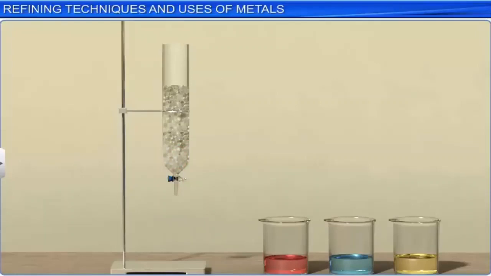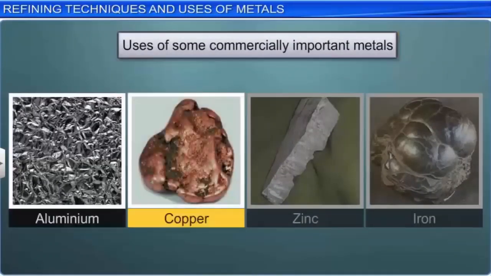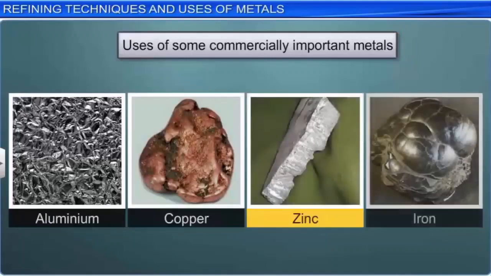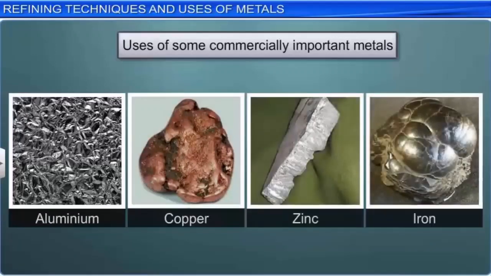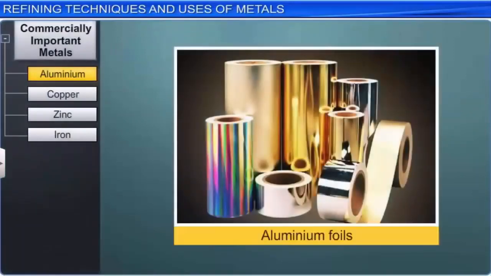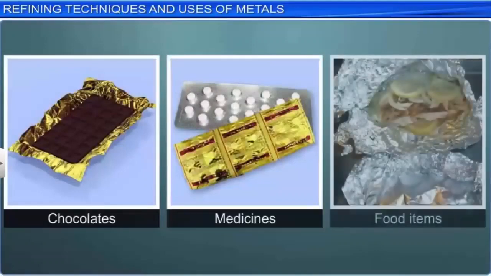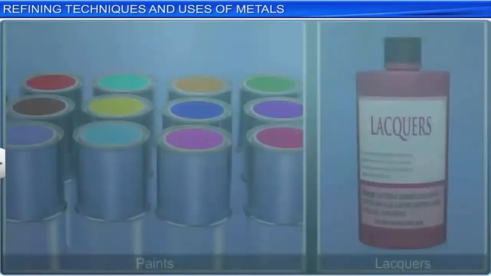Let us now study the uses of some commercially important metals, such as aluminium, copper, zinc, and iron. Aluminium foils are used as wrappers for chocolates, medicines, and food items. Aluminium dust is used in paints and lacquers.